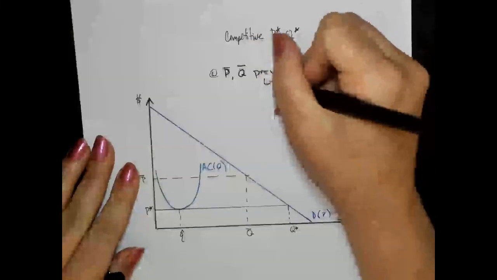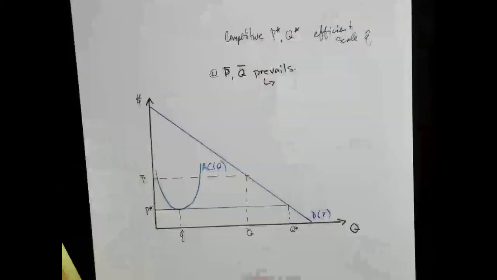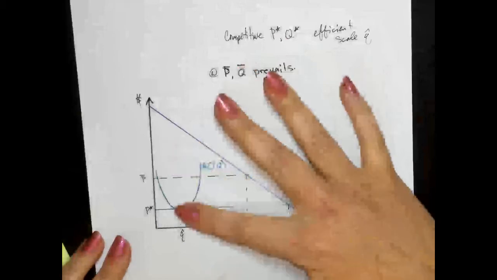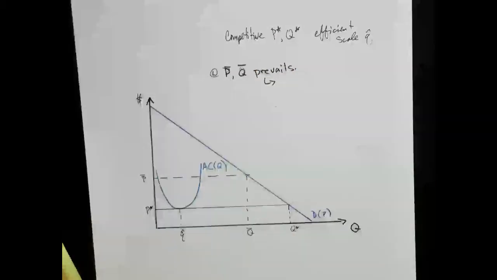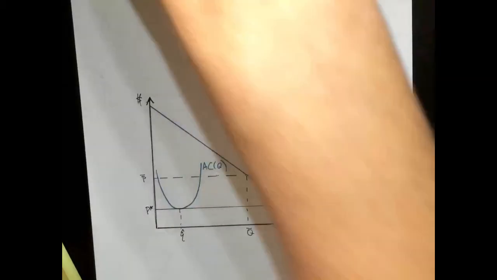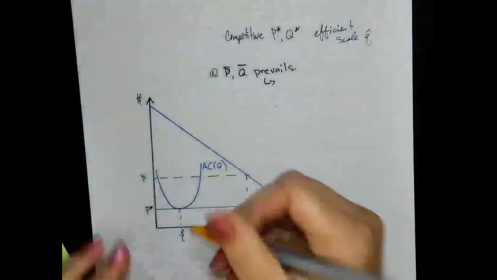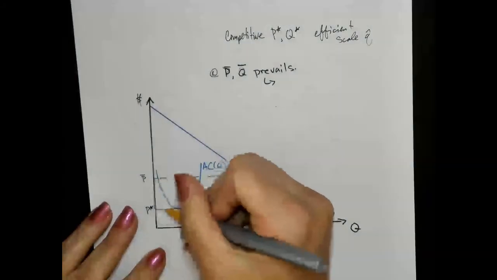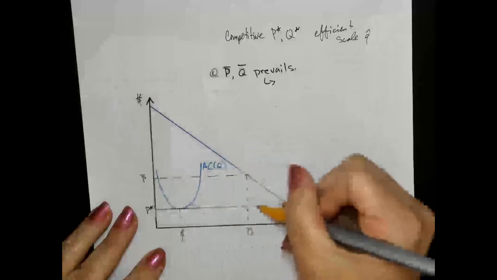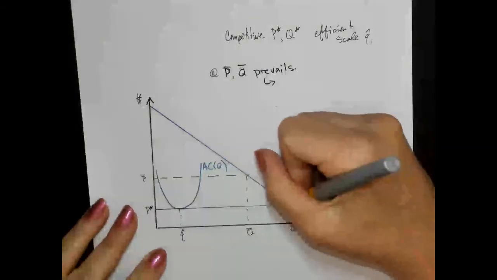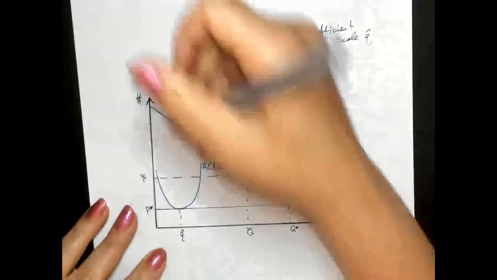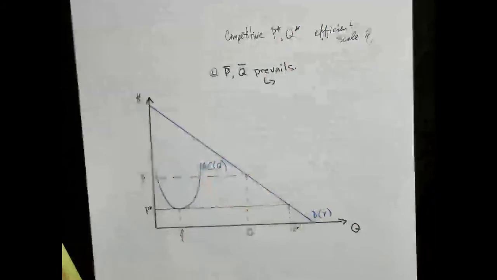What's the effect on consumer surplus? Well, remember, consumer surplus is the area below the demand curve and above the price. So if consumer surplus was previously in the competitive equilibrium above P star and below the demand curve, we're going to see it shrink.